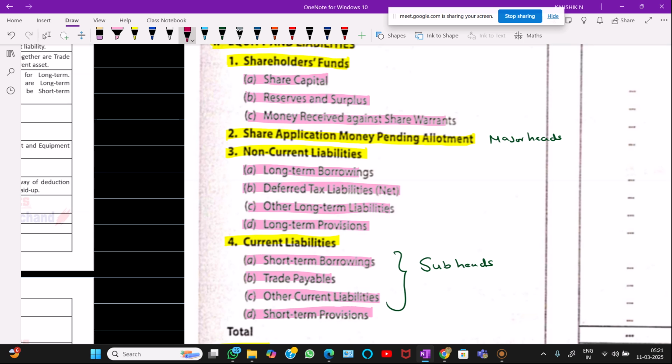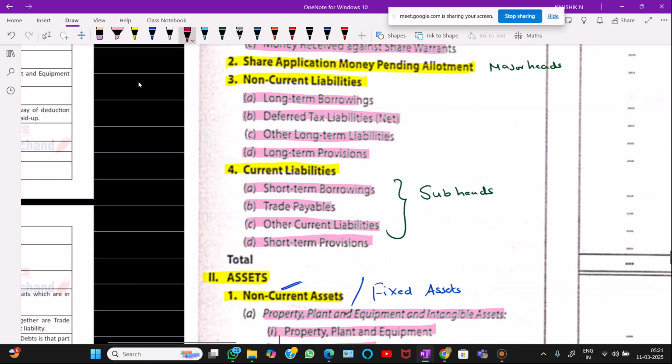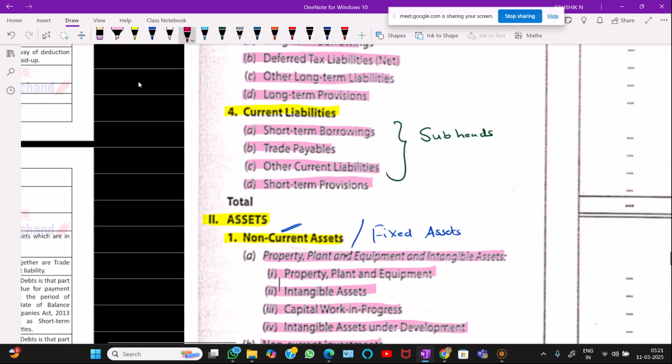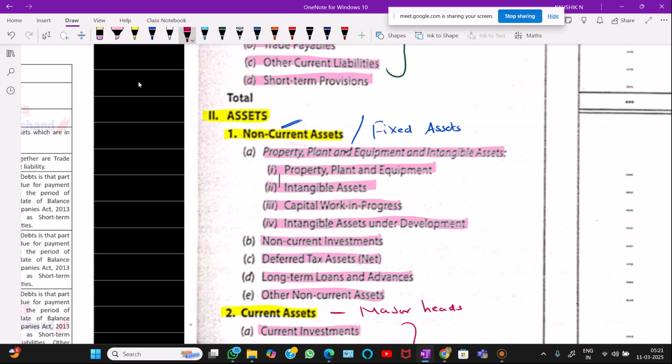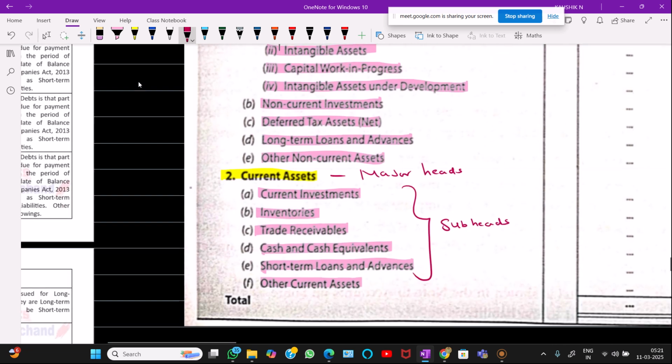Will it fall under current assets or non-current assets? If it falls under current assets, then what could be the subheading for that item as per the format? There are only six subheadings: current investment, inventories, trade receivables, cash and cash equivalent, short-term loans and advances, and other current assets. Out of the six, what is the apt subheading for that item?